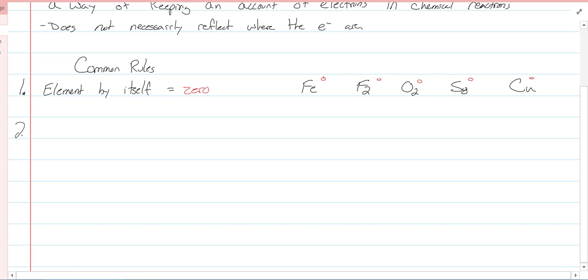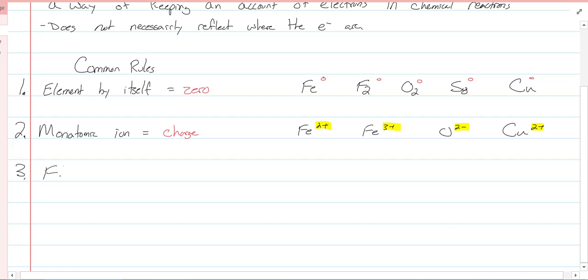Second rule, monatomic ion equals the charge of the ion. So if I have Fe2+ or Fe3+, O2-, Cu2+, these are my oxidation numbers. That's my oxidation state.